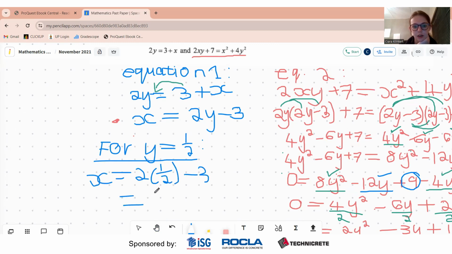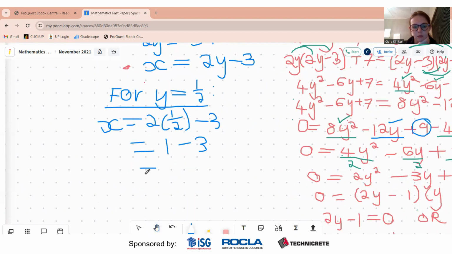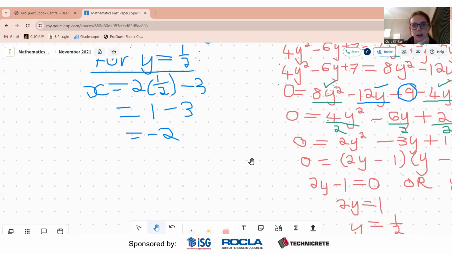Now 2 times a half is just 1, and 1 minus 3 is minus 2. Great. Now I need to find the x value associated with my other y value.